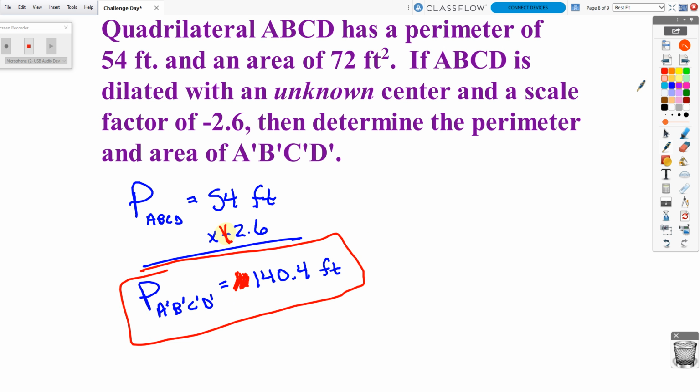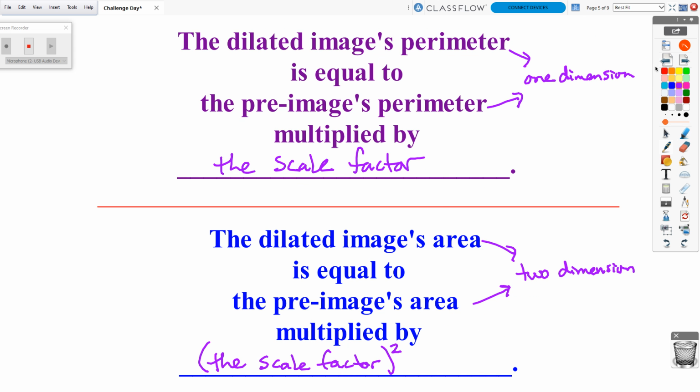All right, so now let's talk about area. Area of ABCD is equal to 72 feet squared. Now, again, that negative is going to do nothing in terms of area, right? If I took quadrilateral ABCD and I rotated it 180 degrees, that's what the negative is really implying here, the area is not going to change, right? But now I do get to multiply by the scale factor. But you got to remember something else. We don't just multiply by the scale factor, right? We multiply by the scale factor squared to get our new area.